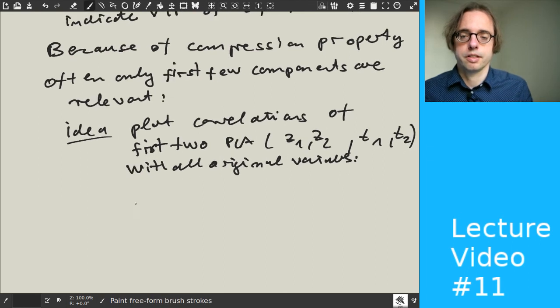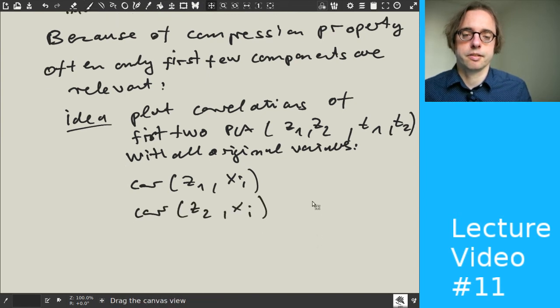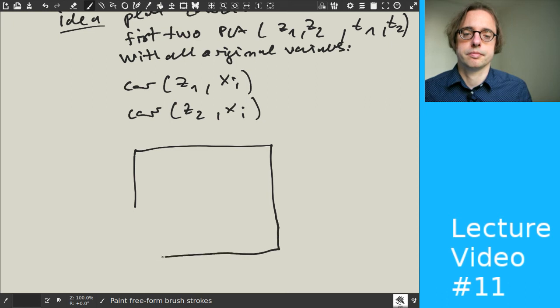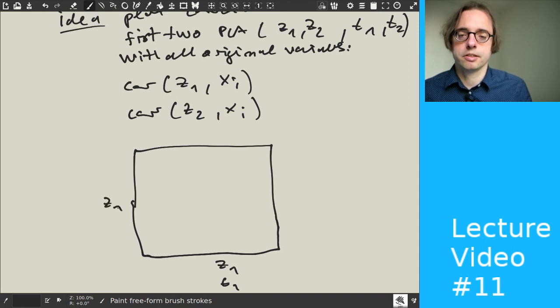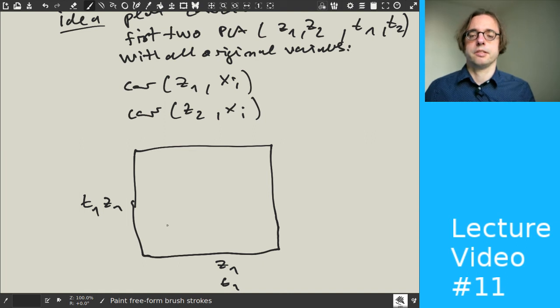So we have correlation of Z1 with xi, and we have correlation of Z2 with xi, and then we can just put them into a nice circle. So we have Z1 or T1, and it doesn't really matter whether you use T1 or Z1.